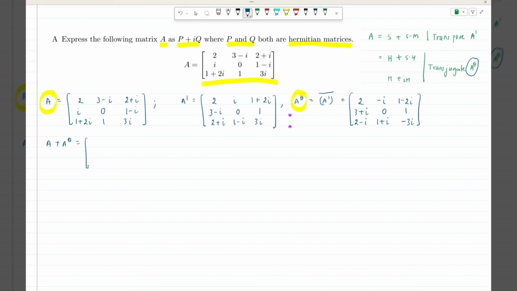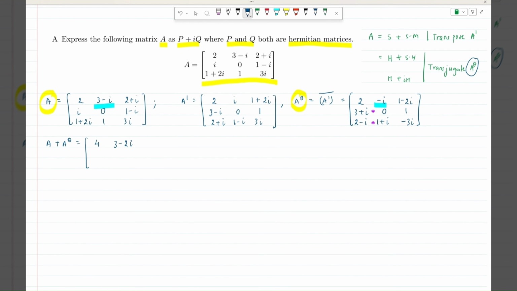And we know that the addition of matrices happens correspondingly. So we will be beginning with the A11 entry, and that gives us 2 plus 2, which is 4. The next one, we'll be having 3 minus i and plus minus i, which will give us 3 minus 2i.